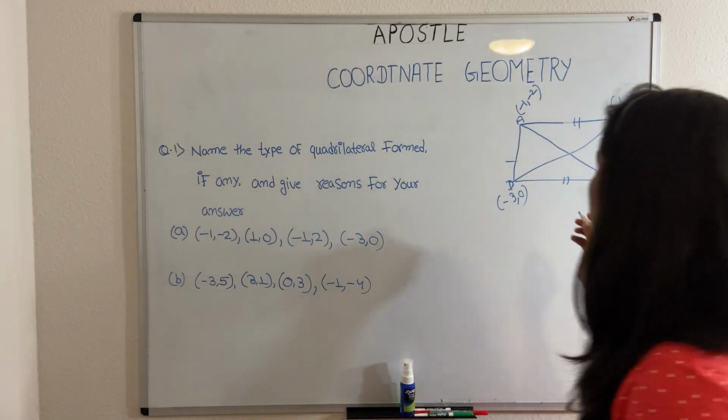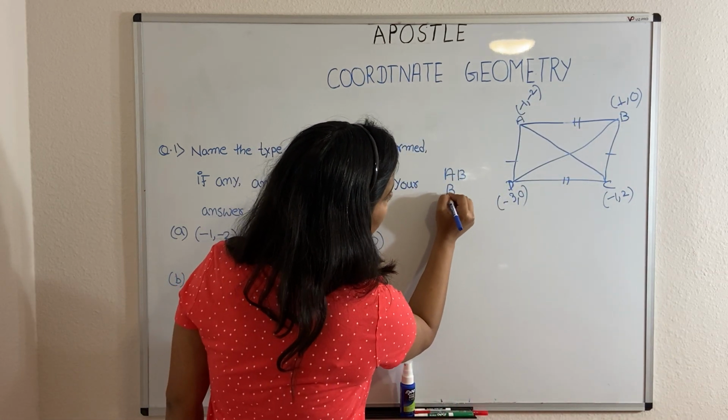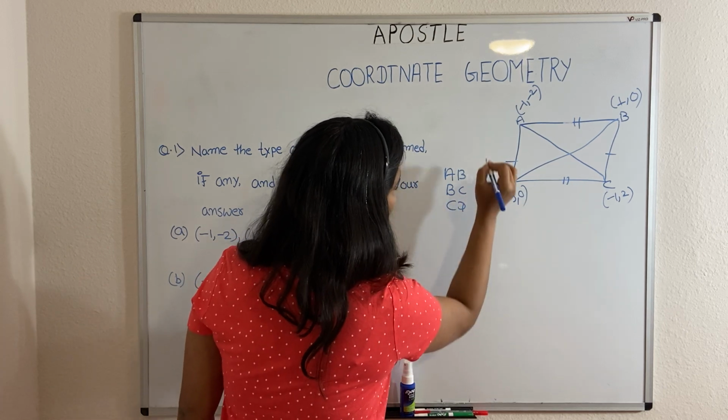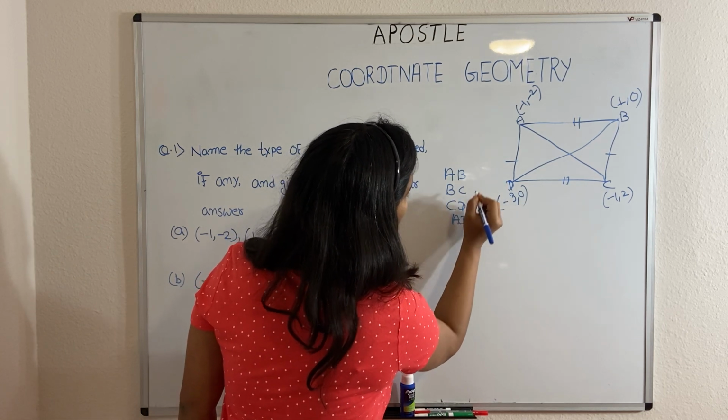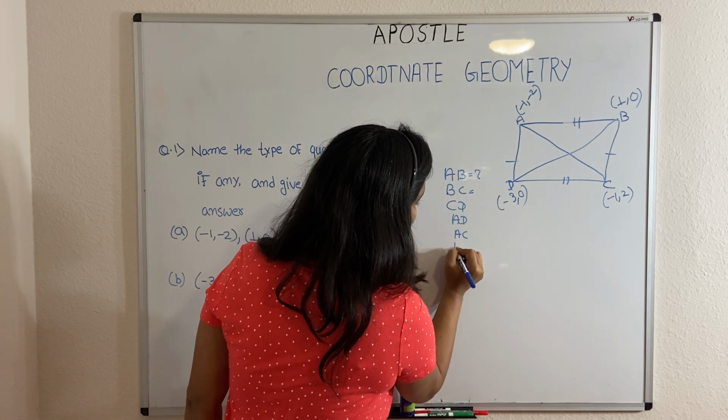We have to calculate first AB, then BC, then CD, then AD, and then diagonal AC and diagonal BD.